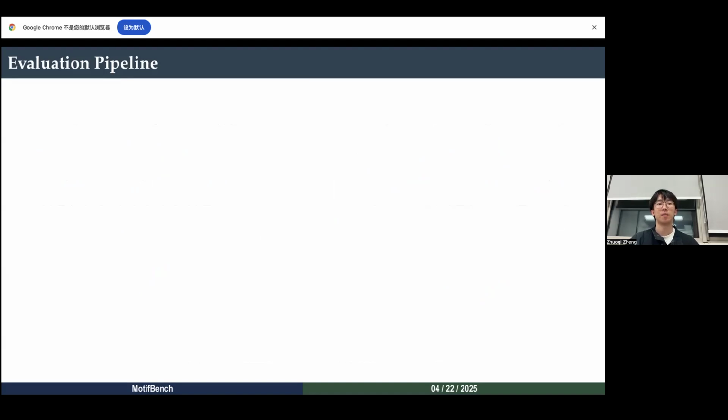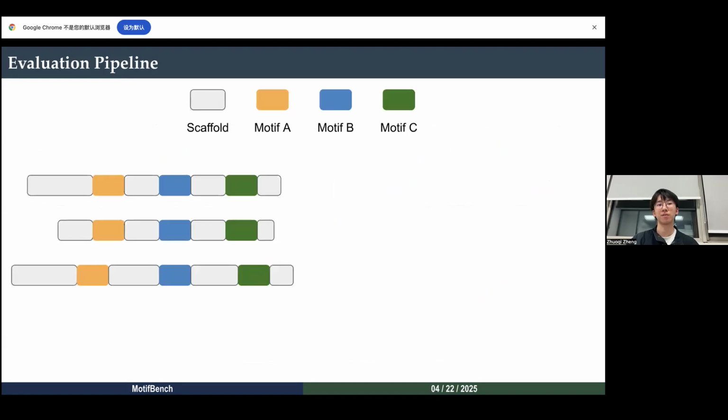And also, another key difference lies in the definition of contigs. So we know that many of the motifs have many different segments. So the contig in this context means how we choose the order of motifs and also the scaffold serving as intermediates.